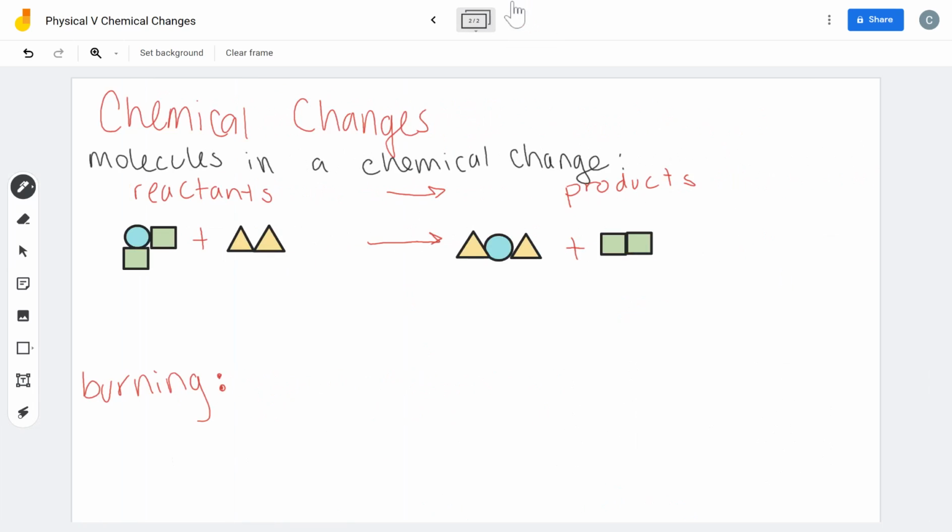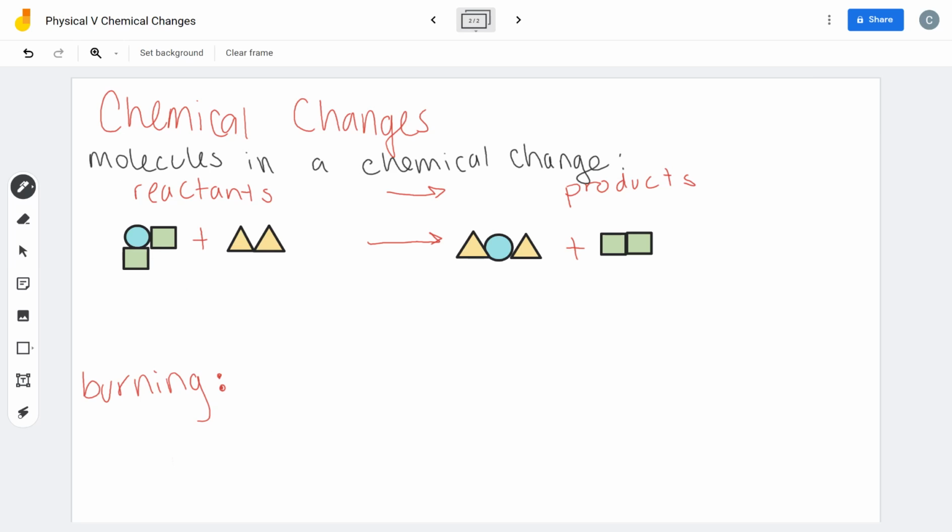Now, the difference for chemical changes is that you have reactants and then you have products. So on this diagram that I have made, we have our reactants, which is a blue circle and two green squares as one molecule, and then two yellow triangles as my second molecule.